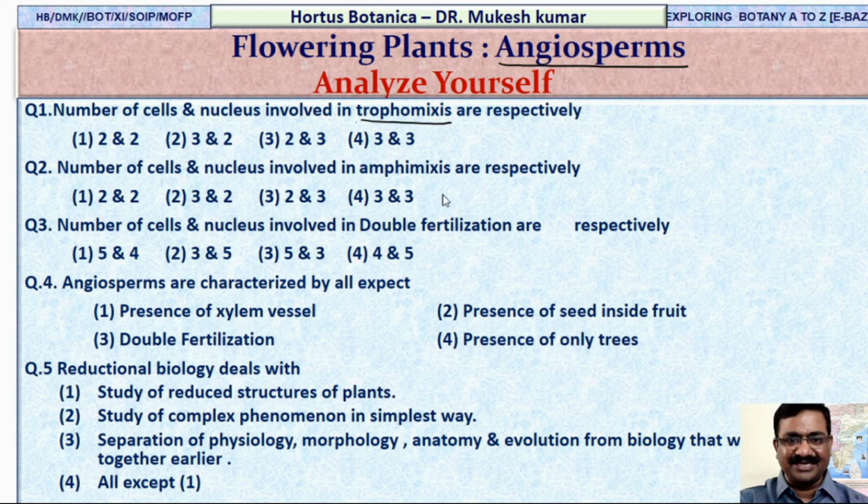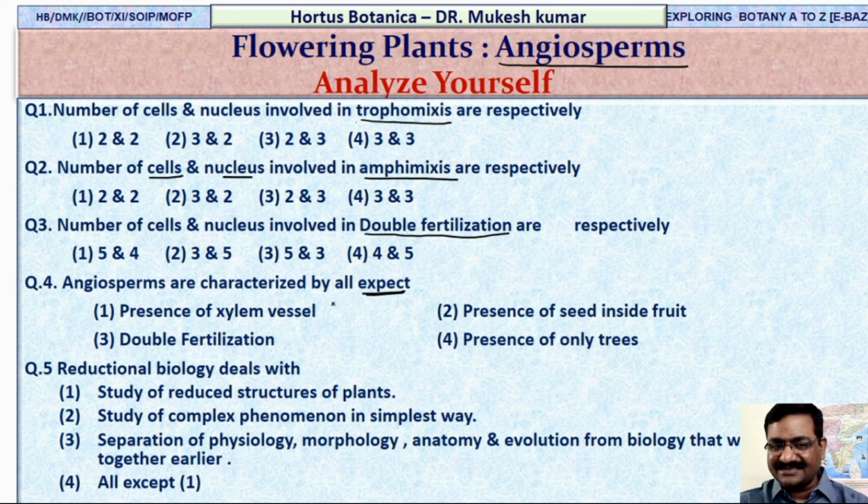I will not answer for you. Then tell the number of cells and nuclei involved in amphimixis. Amphimixis means syngamy or fertilization, generally generative fertilization. Now add on and find the total number during double fertilization. Similarly, angiosperm is characterized by all except: so you first know what characterizes angiosperm, and the remaining will be your answer.